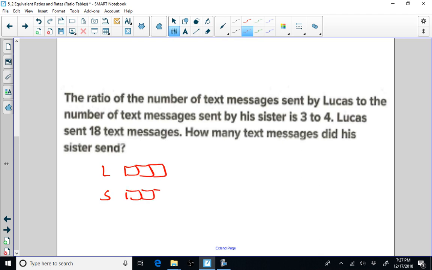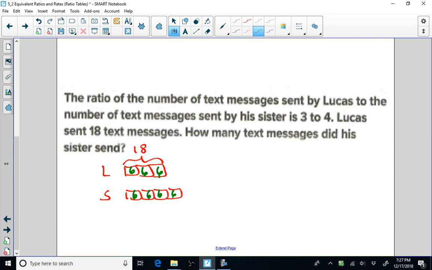1, 2, 3, 4. You're told Lucas sent 18 text messages, which means these 3 units have to total his 18 text messages. When we take 18 and divide it by 3, it means that the unit here is going to be 6. Right? So I always like to fill in my units here.